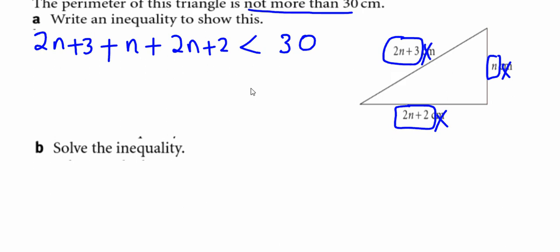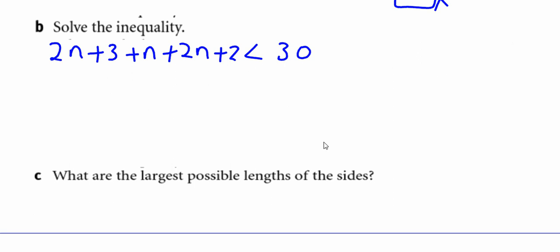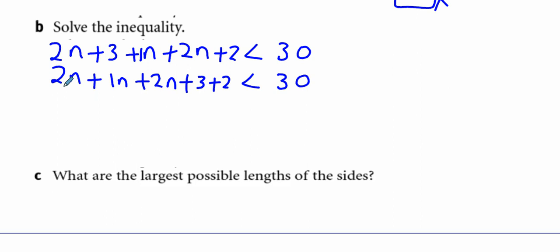Solve the inequality. We have 2n plus 3, plus n, plus 2n plus 2, less than or equal to 30. Solving this requires us to collect like terms. 2n plus 1n plus 2n is 5n. 3 plus 2 is 5.